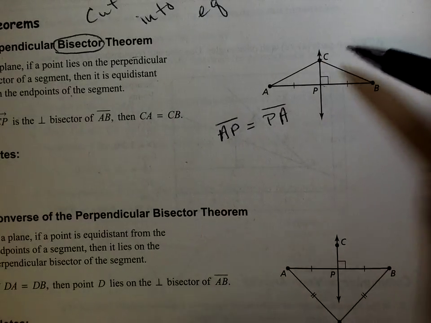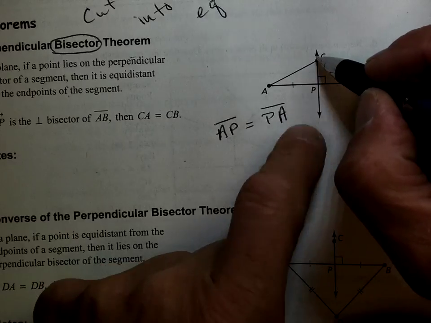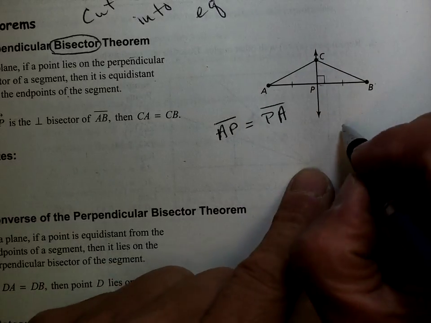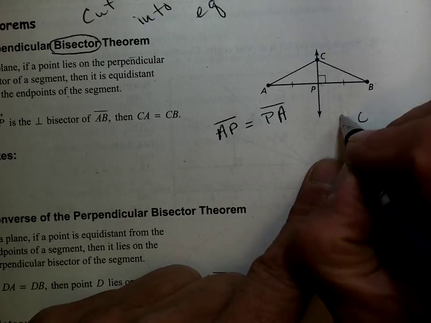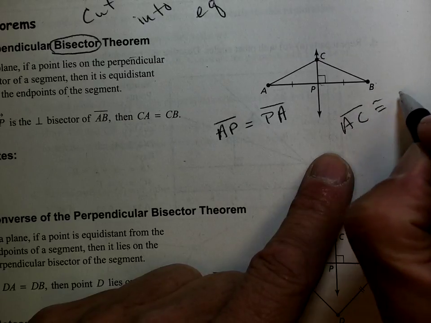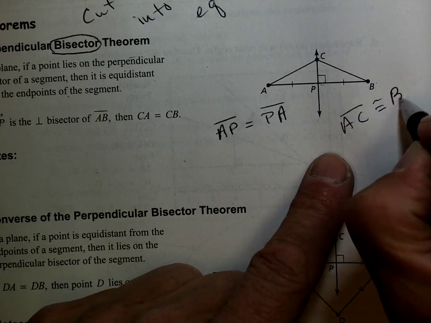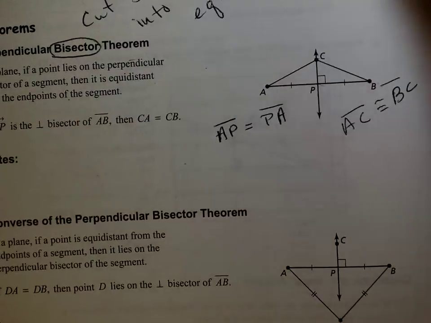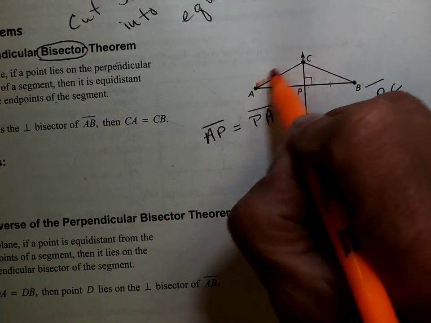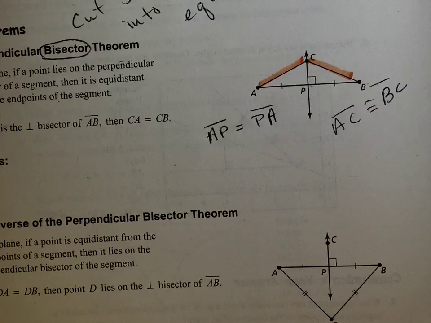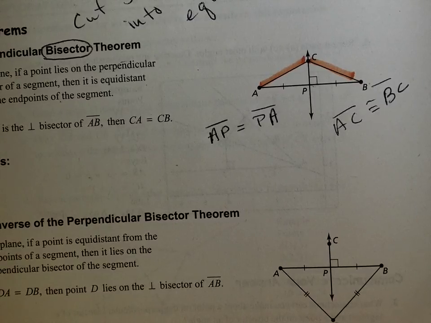So this is saying that C is on the line, so I know that AC is equal to BC. So I also know that this line has to be equal to this line. Makes sense, doesn't it? Okay?